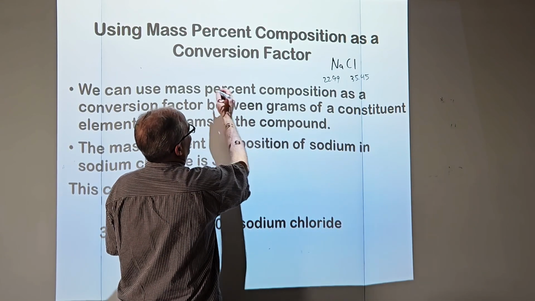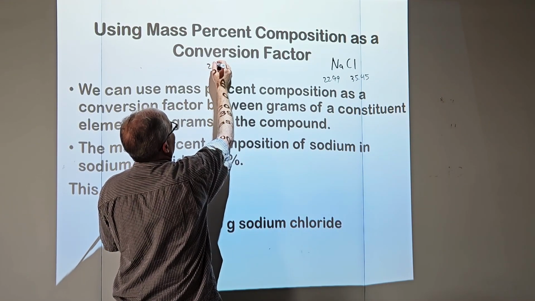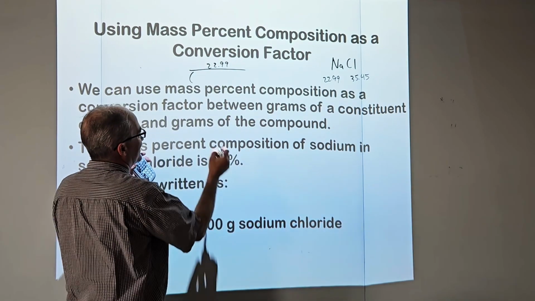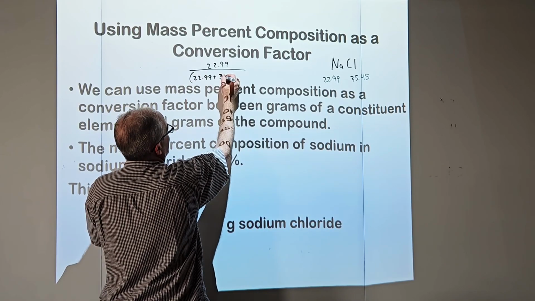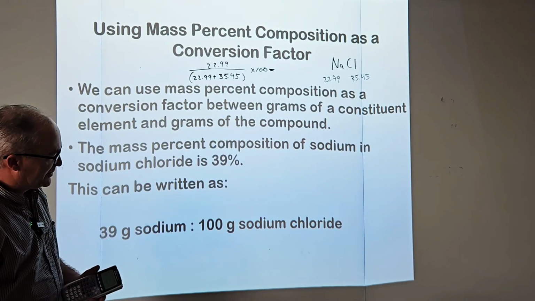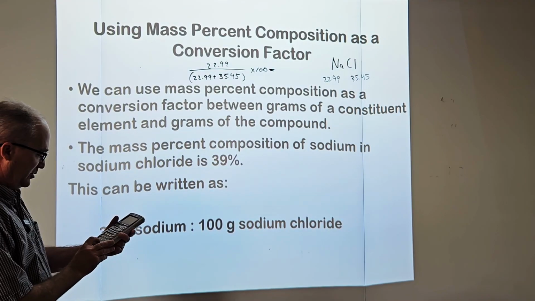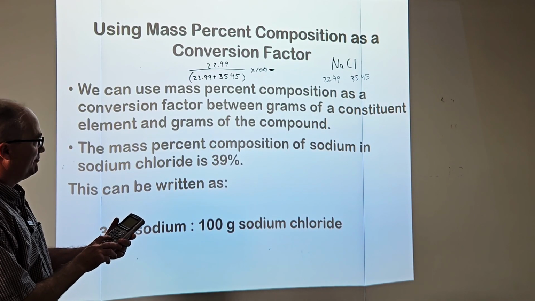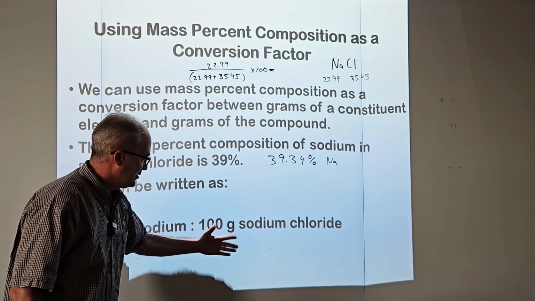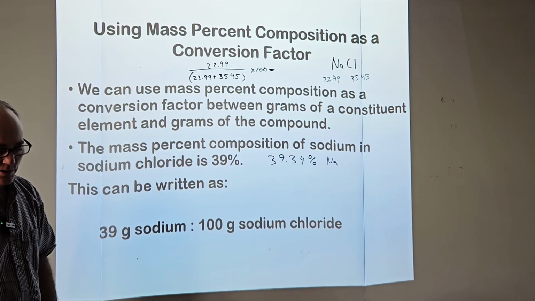So if I want to find the percent sodium, there's the mass of sodium. There's the mass of sodium chloride. Let's see if we can believe this 39%. 22.99 divided by parentheses. So I believe the slide. There's roughly 39 grams of sodium in 100 grams of sodium chloride.